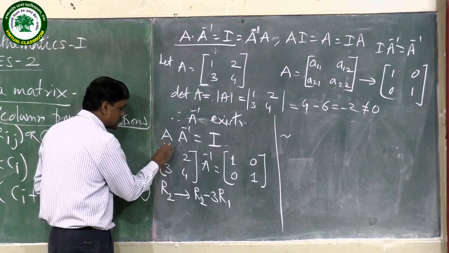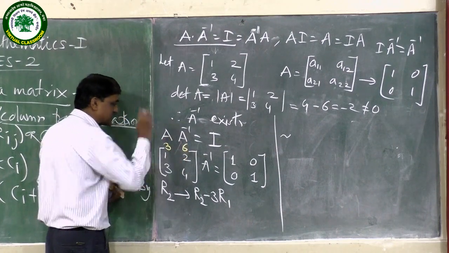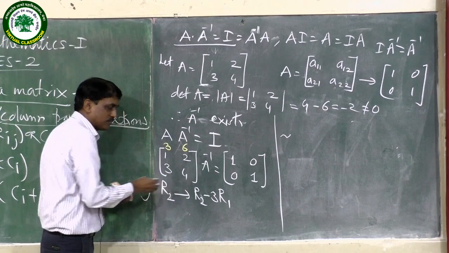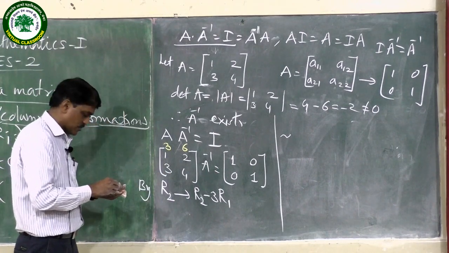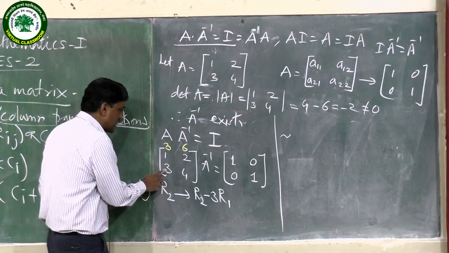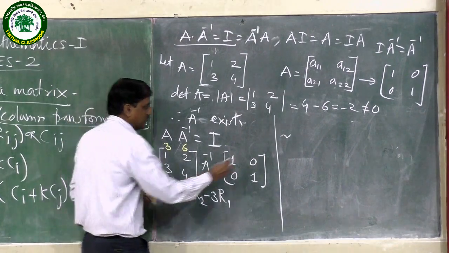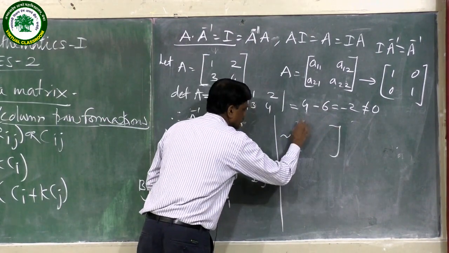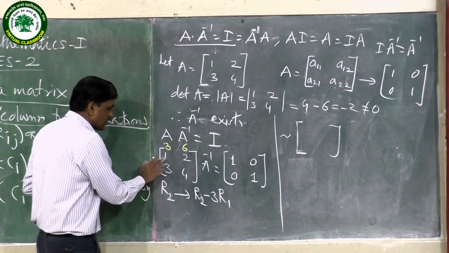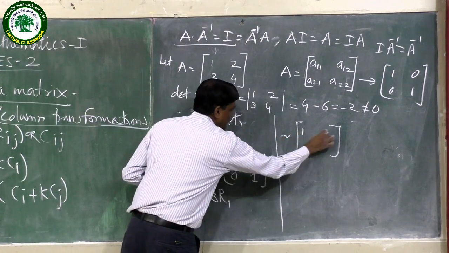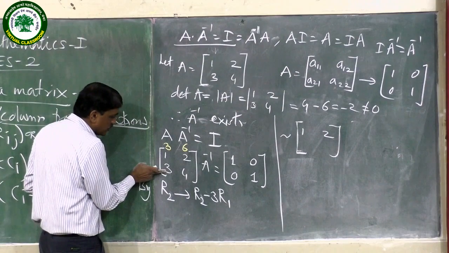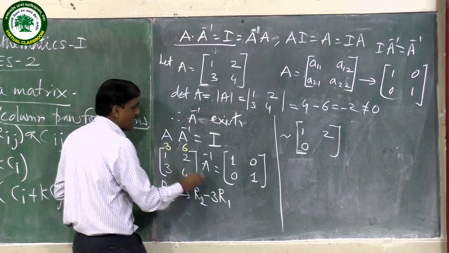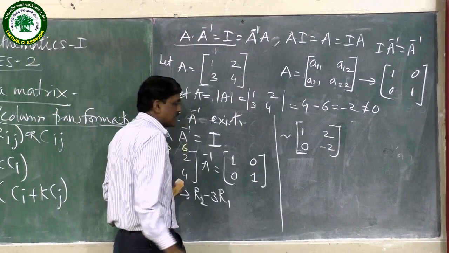So 3 into 1 is 3, into 2 is 6, and subtract this multiplication from the second row. The first row remains unchanged, 1 2. Now 3 minus 3 is 0, 4 minus 6 is minus 2.